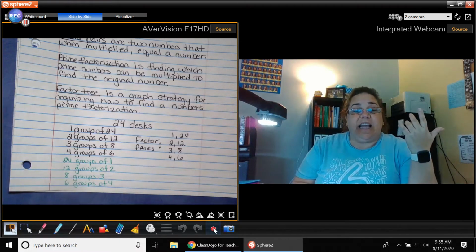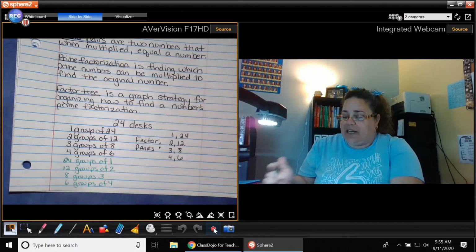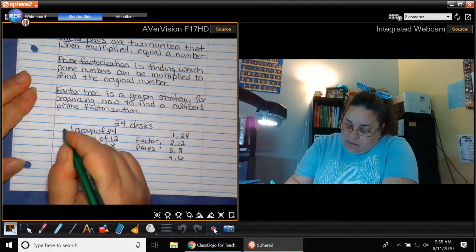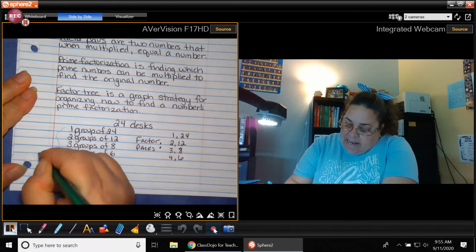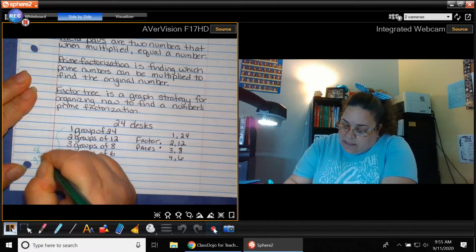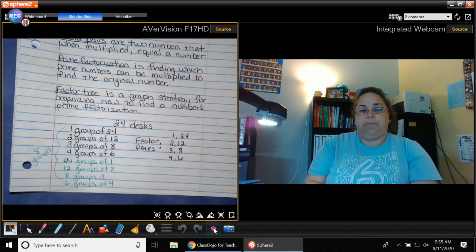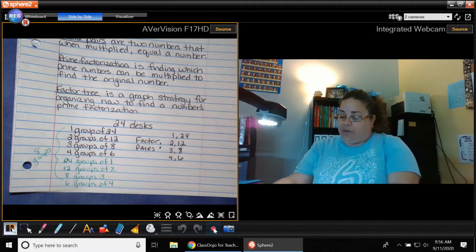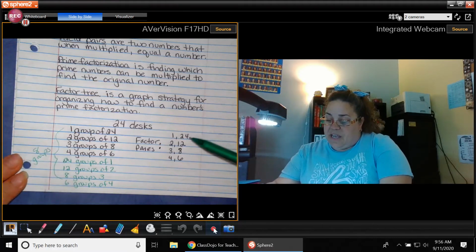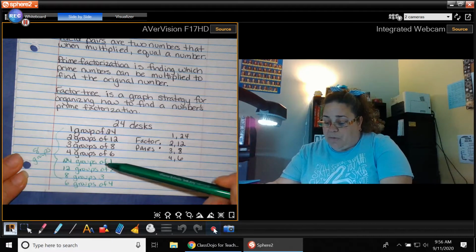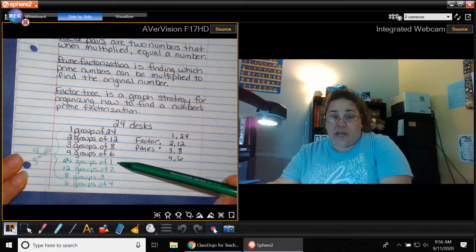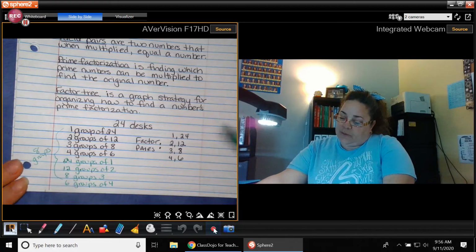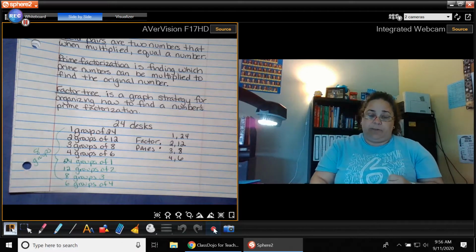If I added up all of those groups, there are technically 8 groups that I could choose from. But as far as factor pairs, you have to understand that 1 and 24 is the same factor pair as 24 and 1. So I only have 4 sets of factor pairs.